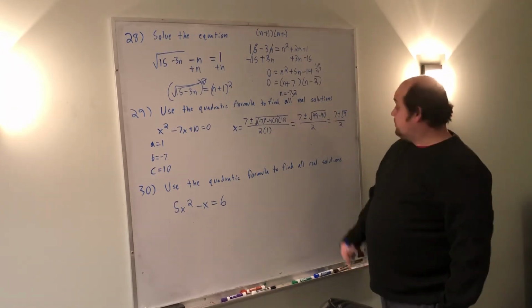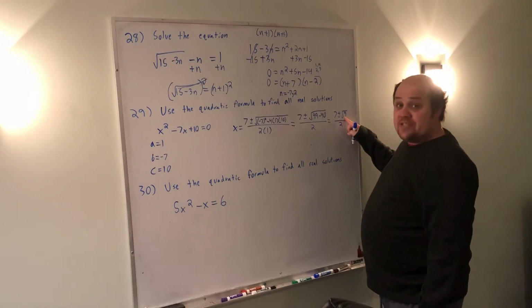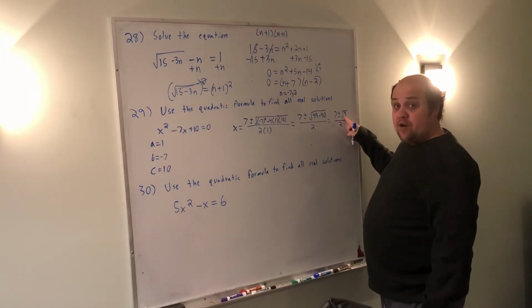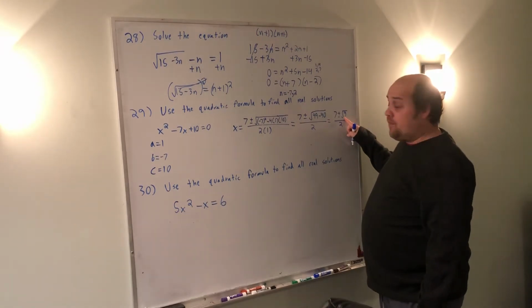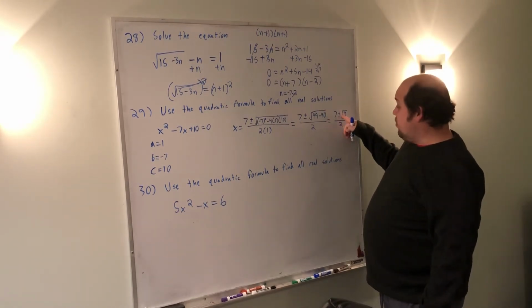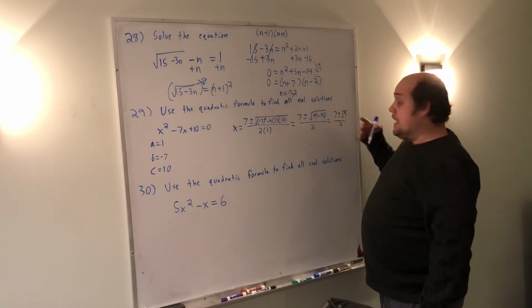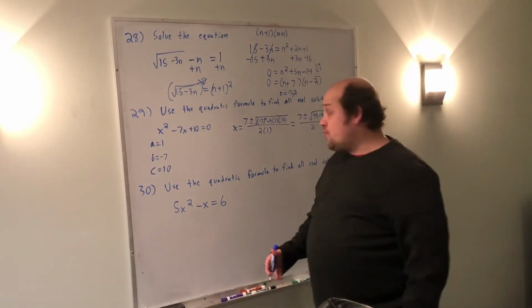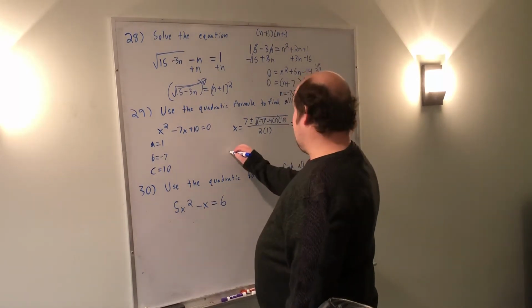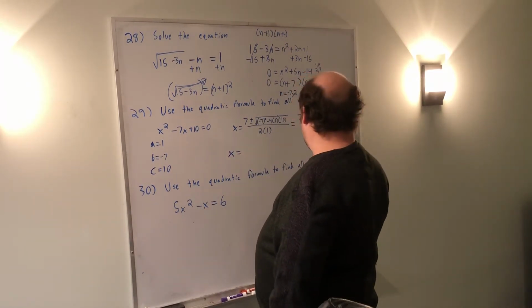At this stage, if what's under the square root is not a perfect square, you can stop here, enter it as two different fractions, one with the plus symbol, one with the minus. In this case, we do know the root of 9, it is a perfect square. So I really have to figure out what the two answers would be using that perfect square.